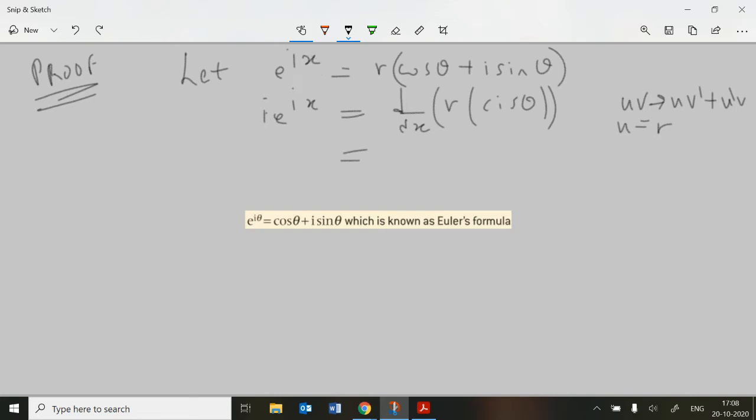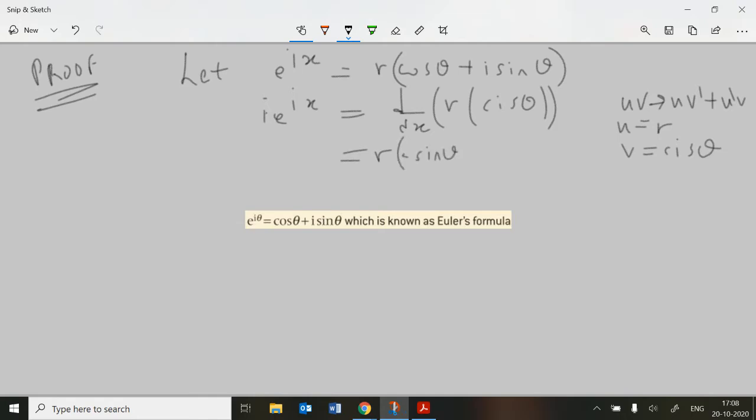Or if that doesn't depend on x, then the other one certainly does, and potentially that's a constant. And so then we've got v is equal to cis theta here. Okay, so when we differentiate this, we're going to get r, so that's this bit here, and then the derivative of this. Now the derivative of this, cis theta, is going to give us minus sine theta.